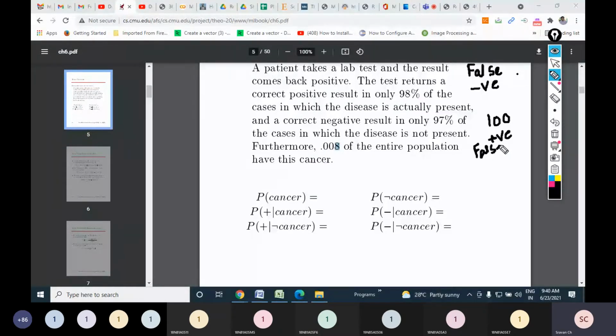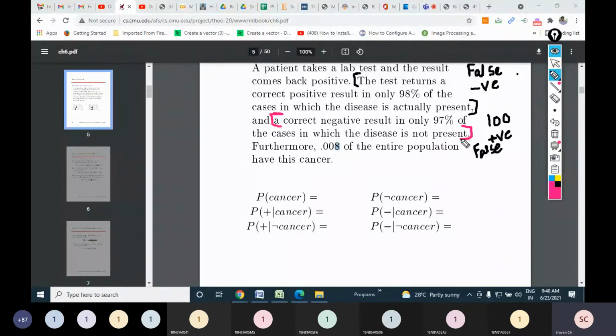Friends, please try to understand the difference between false negative and false positive. This part is talking about false negative. And this part, 97% of the cases in which the disease is not present, is false positive.